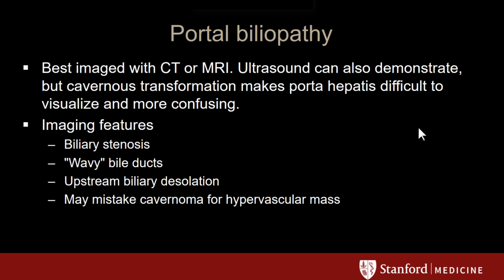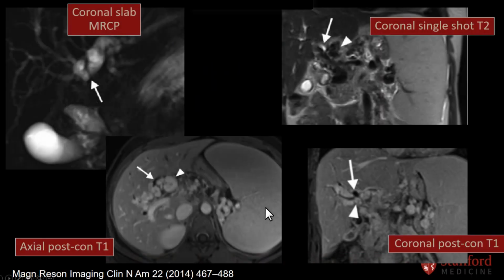And so ultrasound is also key, but can be more confusing. You see biliary stenosis, wavy bile ducts, and then importantly, you can mistake this for a hypervascular mass, which I've seen before. So this is a 59-year-old guy with chronic liver disease, and he has biliary ductal dilation.